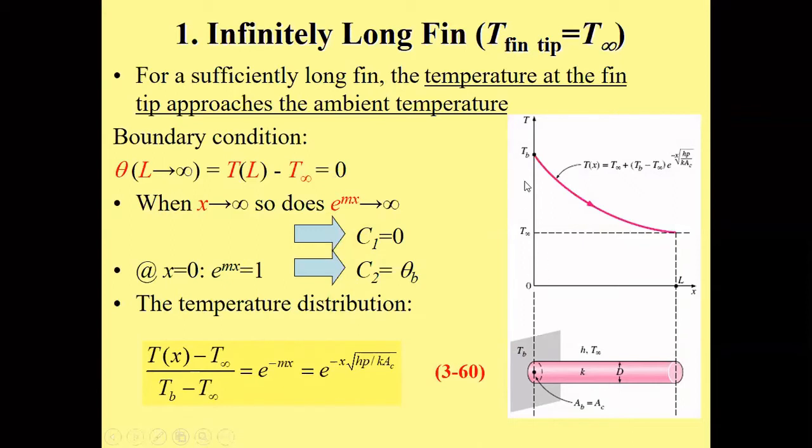As you can see from this graph, this is the temperature profile of the fin. At the base, the temperature is at its base temperature. As it goes along the fin, because heat is being dissipated throughout the fin surfaces, the temperature is reduced gradually, and at the end of the fin, the temperature approaches the ambient temperature.